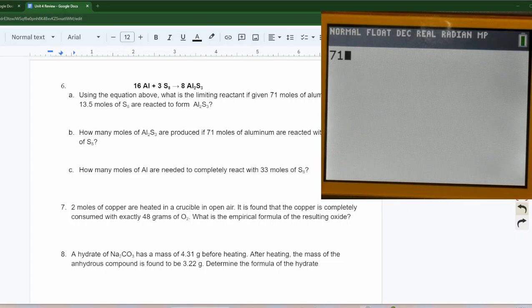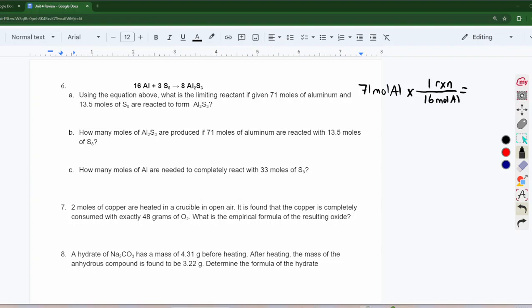So 71 divided by 16 gives me 4.4375. So I can get 4.4375 reactions. Like before, this number doesn't really have a unit, but that's how many reactions I could get out of that.